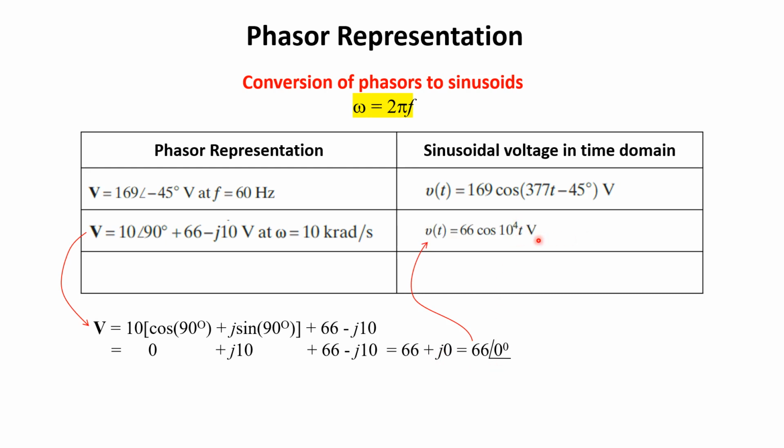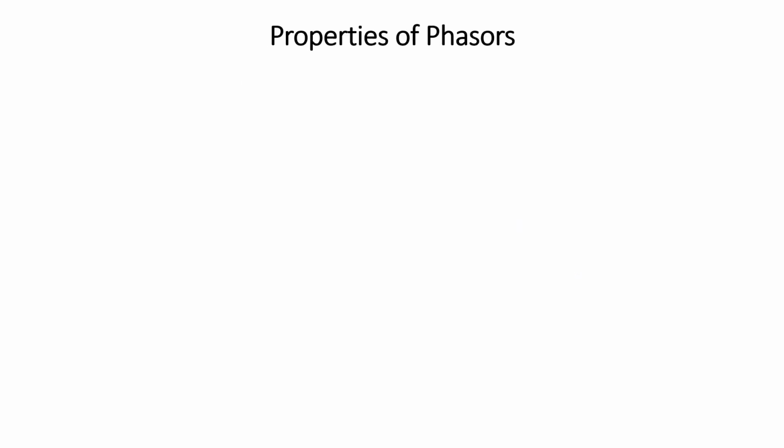So we show it over here, 60 and angle 0, and this is omega 10 raised to the power 4. Here omega is given directly as 10 kilo radians per second. Similarly, do it by yourself for this current represented in phasors. So how to convert this to the time domain, you should do it by yourself.